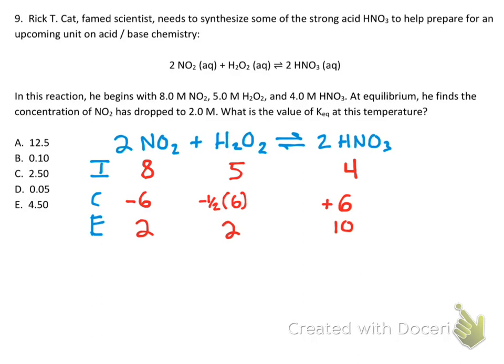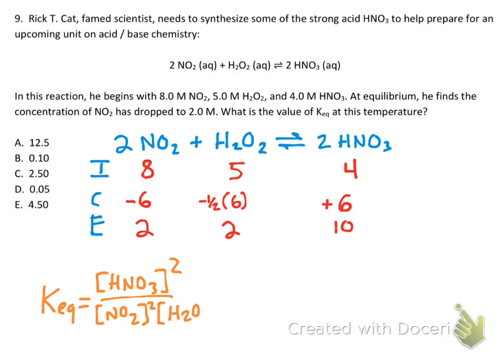We're trying to find our equilibrium constant KEQ, so let's write out that expression. KEQ is equal to our products to their respective coefficients, so HNO3 squared, over reactants, NO2 squared times H2O2.